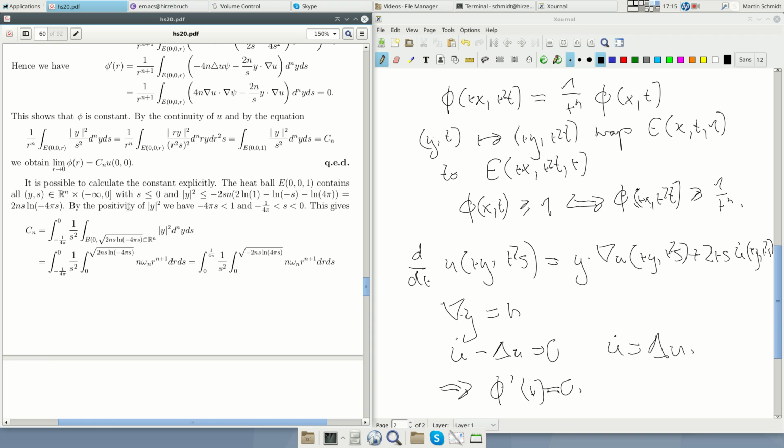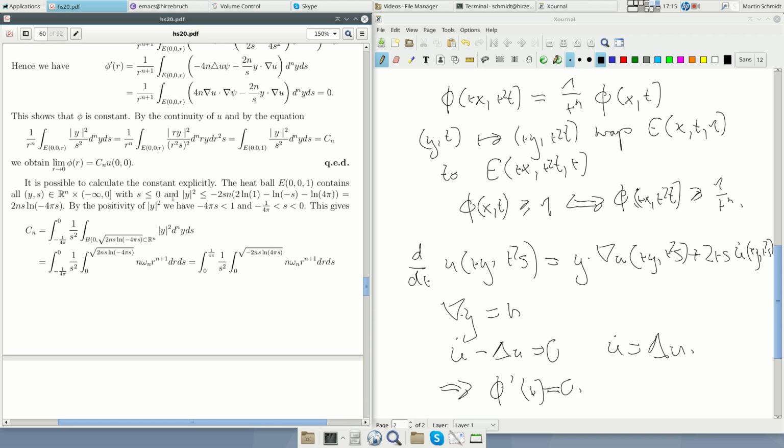Now clearly y squared is non-negative, more precisely. So this means the right hand side has to be non-negative. Since the integral, also the boundary terms don't contribute, we insert here the strict inequality, because for s equals 0 we have problems.